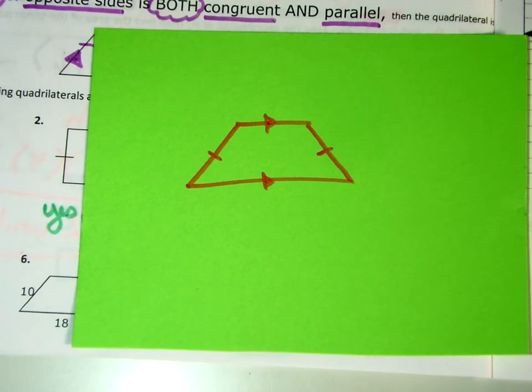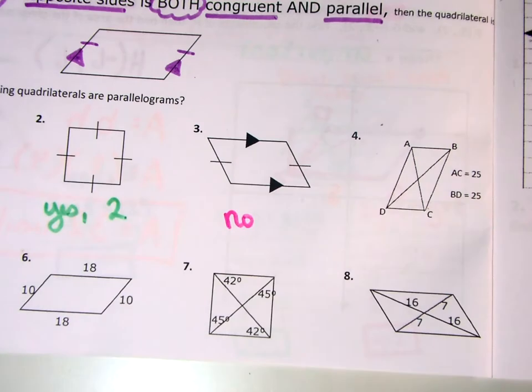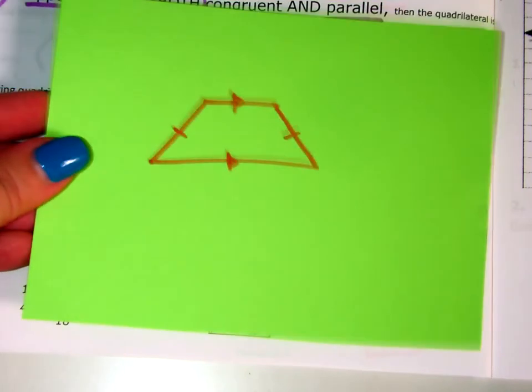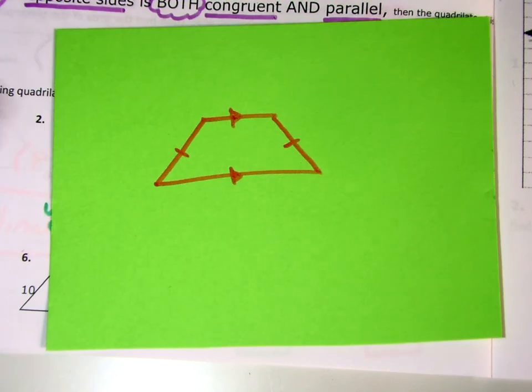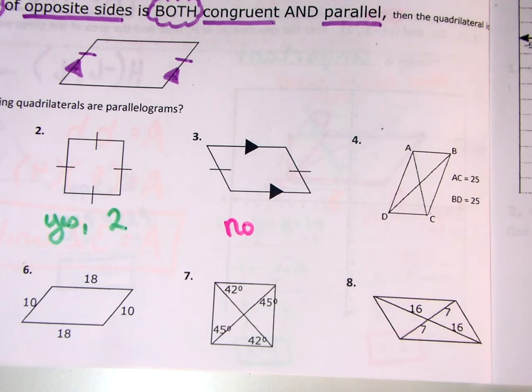Trapezoid. It could be a trapezoid. We'll get there, I think, on Monday. This is specifically called an isosceles trapezoid because its legs are congruent, just like an isosceles triangle. It has congruent legs. So does an isosceles trapezoid.